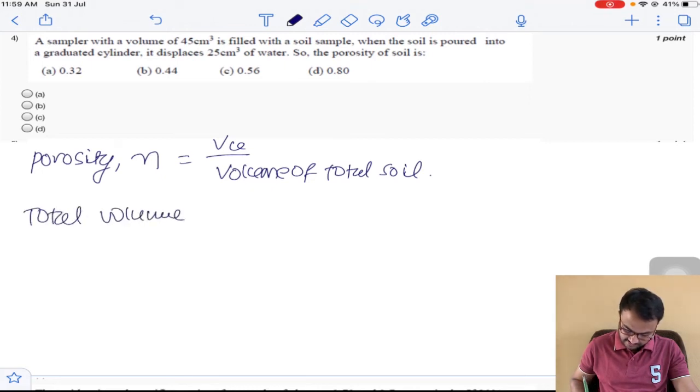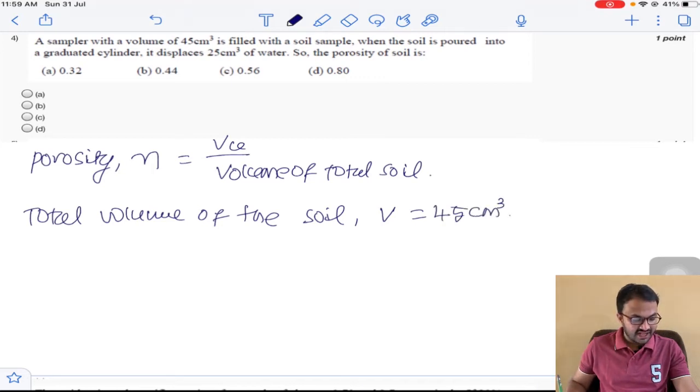Total volume of the soil V is equal to 45 centimeter cube. And he has given the statement that the soil particles are dropping into the water.